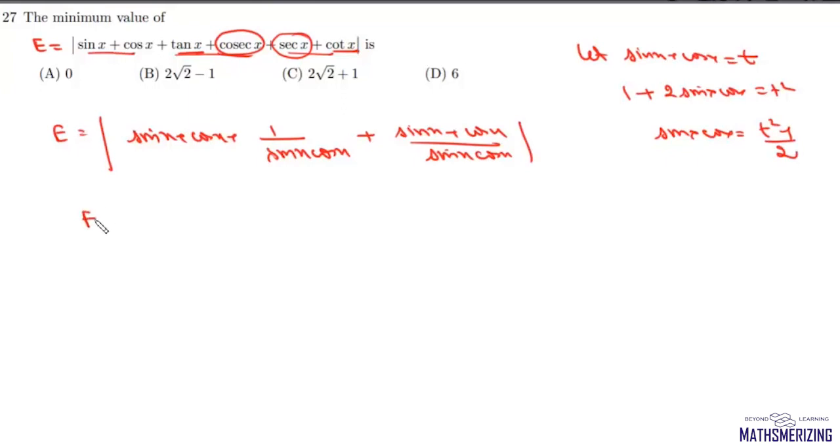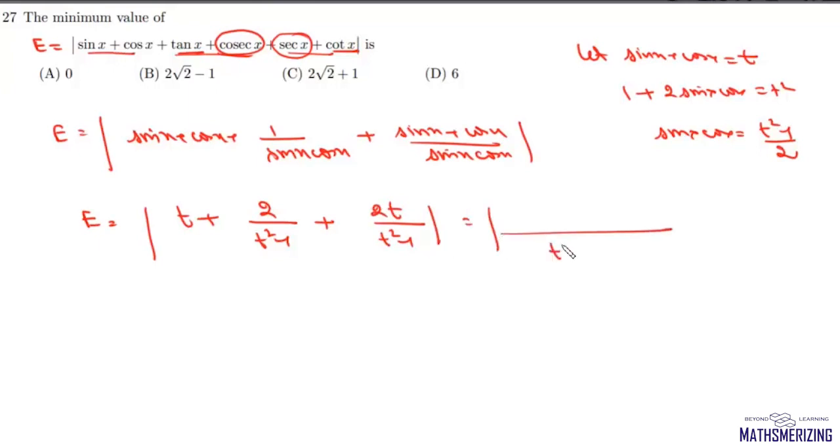Now we can write this expression E in terms of t. So it will be t plus 2 upon t square minus 1, and then plus t upon t square minus 1, and then plus 2. Now we can write this as t cube minus t plus 2 plus 2t, which is t cube plus t plus 2 upon t square minus 1.